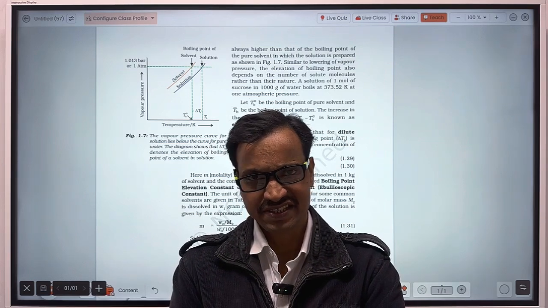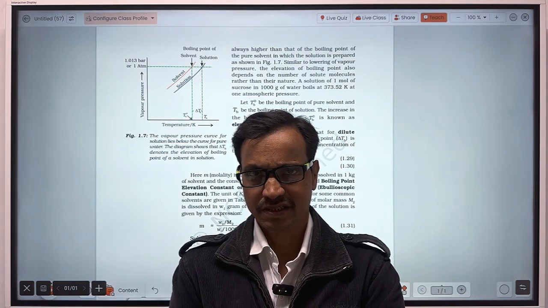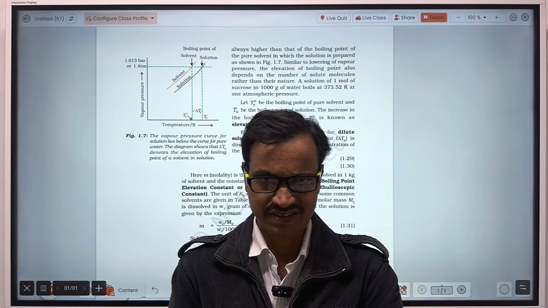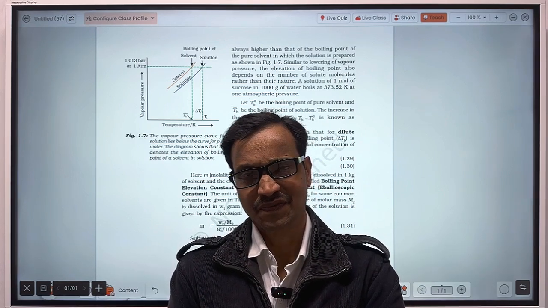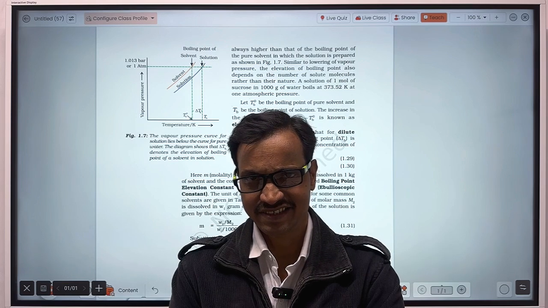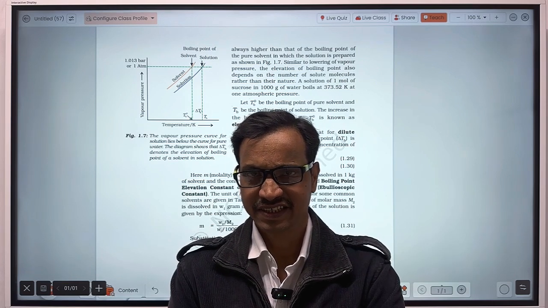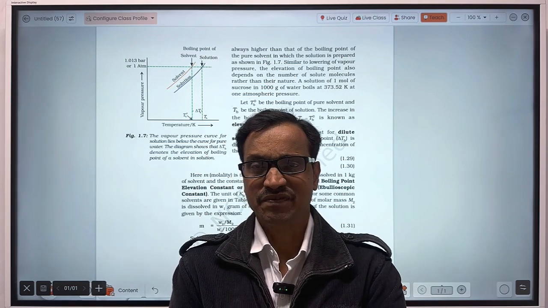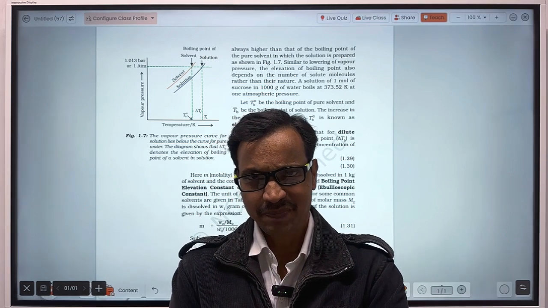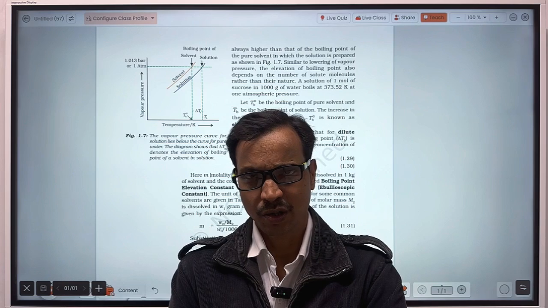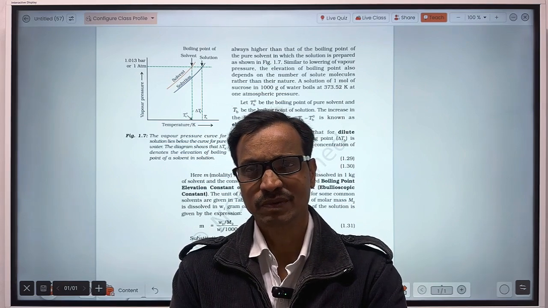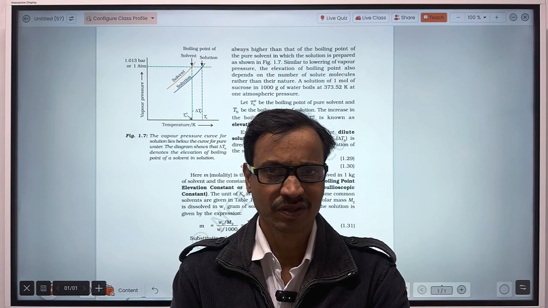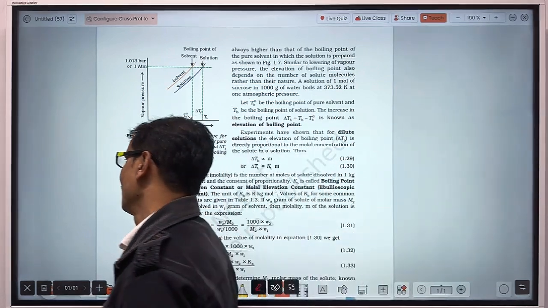As you increase the temperature, the vapor pressure of the solution as well as that of the solvent increases. The temperature at which the vapor pressure of the liquid or the solution becomes equal to atmospheric pressure is called the boiling point.